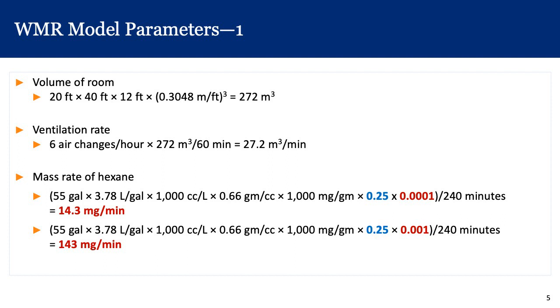We convert the grams to milligrams, and we know that 25% of the volume is hexane, and there is the leak rate of 0.0001 over 240 minutes. So we get a mass rate of hexane of 14.3 milligrams per minute. If the leak rate were increased to 0.001, we get 10 times the mass rate, so we would get 143 milligrams per minute.